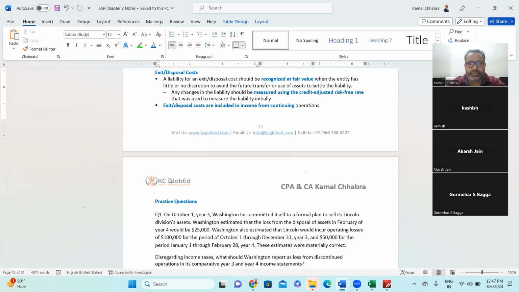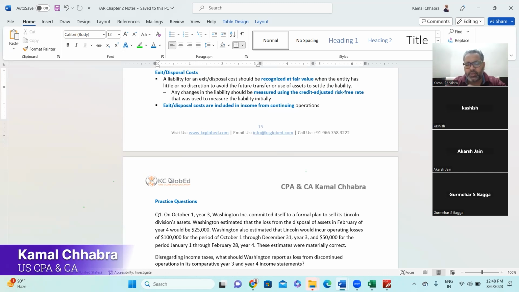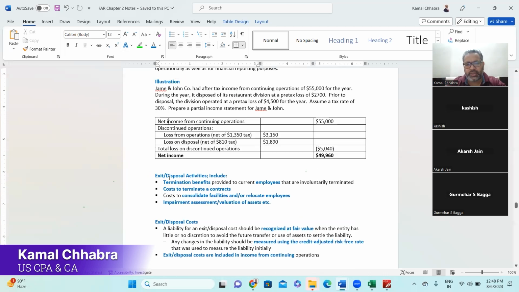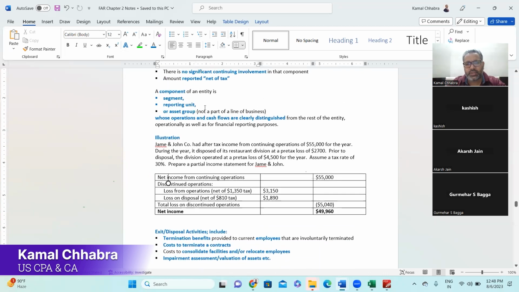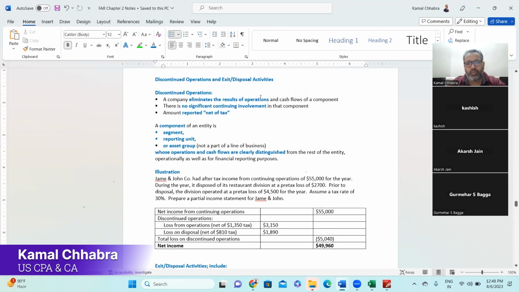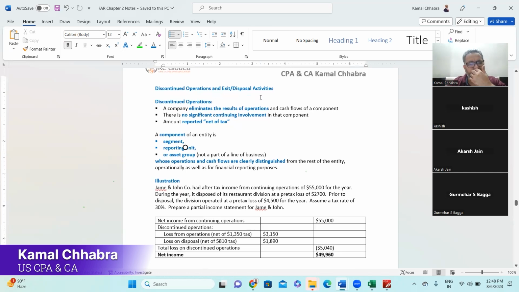Any changes in the liability should be measured using the credit-adjusted risk-free rate of interest that is used to measure the liability initially, and exit and disposal costs are included in the income from continuing operation, however net of taxes. Right? So far so good. What is disposal activities and what is discontinuing operation and how we need to make the treatment in the income statement?